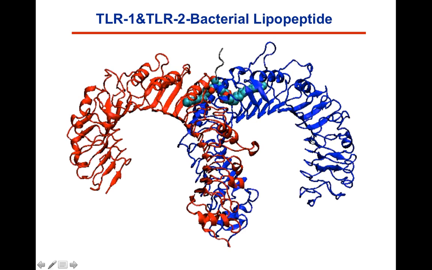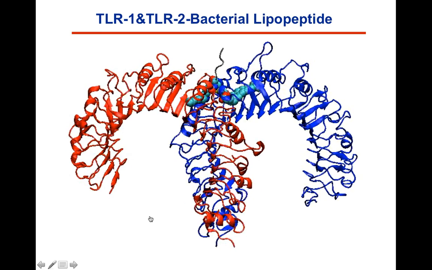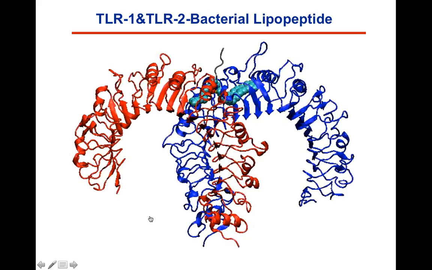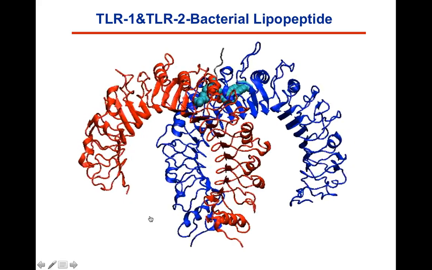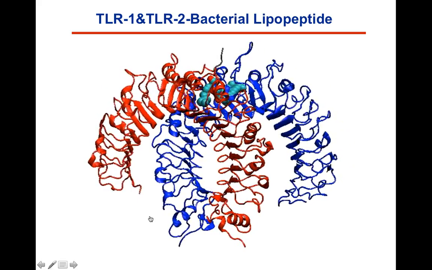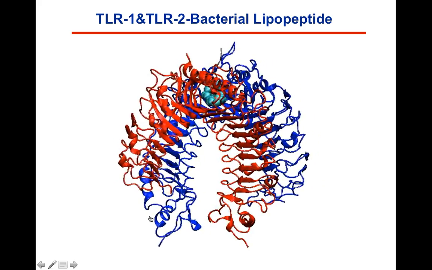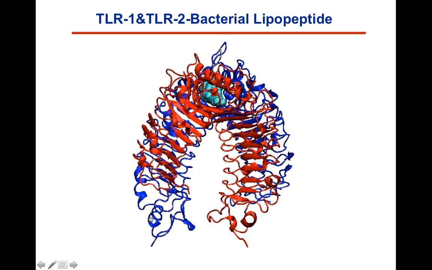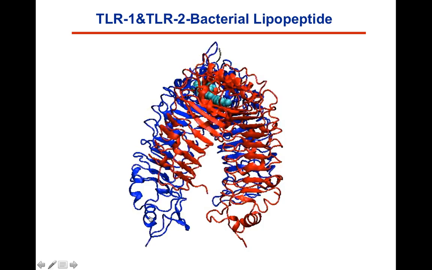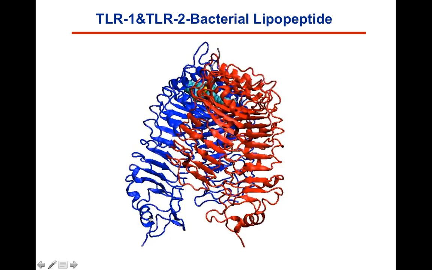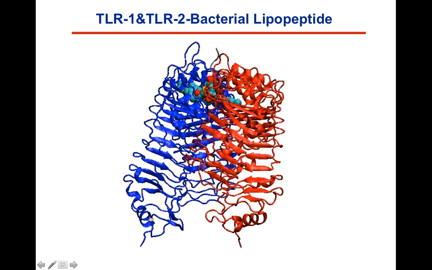Toll-like receptors are quite stable. They have this beta sheet structure. The beta sheet structure is typically very stable. It's one of the most stable structures, as you probably learned in biochemistry. And so if you have something on the surface of cells, if it's a toll-like receptor with a beta sheet structure, it will have a lot of stability.